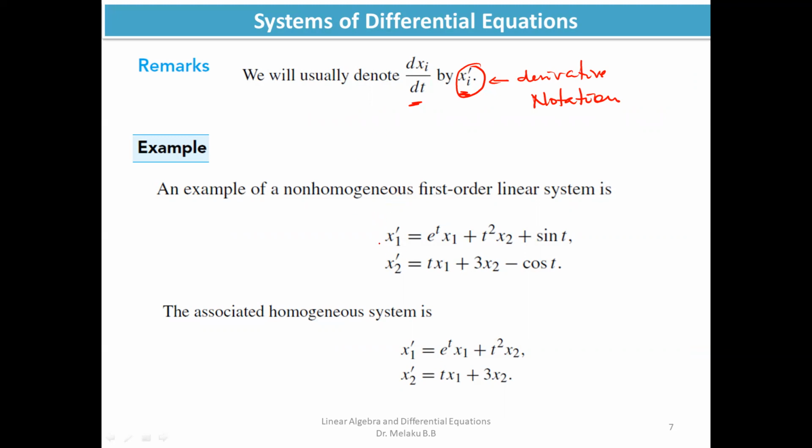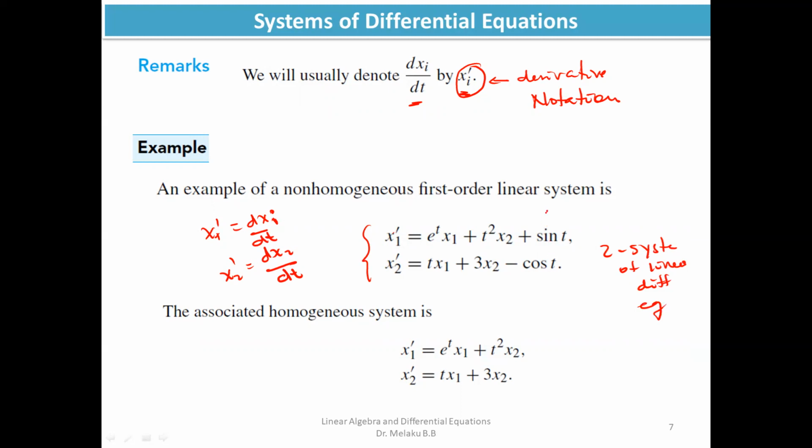For example, this is a first order linear system, because this is dx1/dt and this one is dx2/dt. We can write them like this, so you can see that this is a system of two linear differential equations.